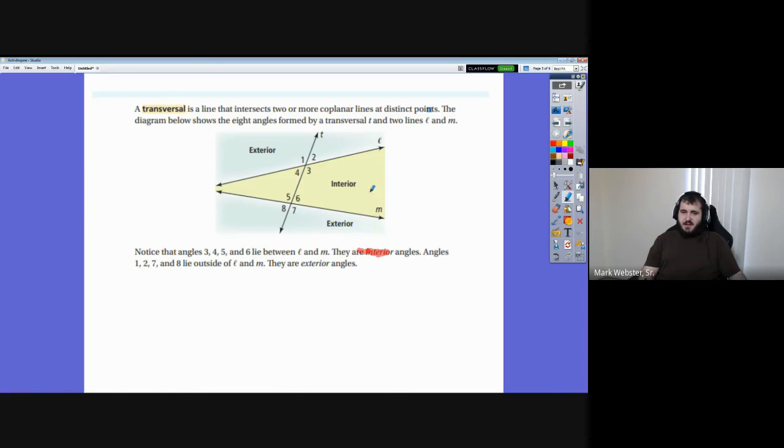They're angles on the interior. The exterior angles, 1, 2, and 8 and 7, the way they numbered it here, are called exterior angles. They're on the outside of the sandwich. So exterior angles are the ones that are out here. Interior angles are the ones that are on the inside.